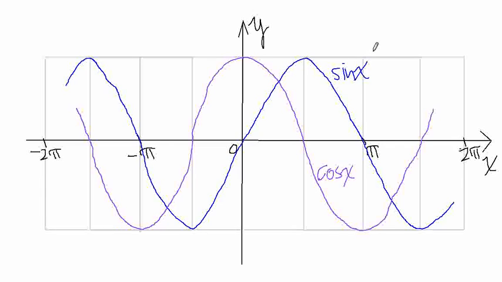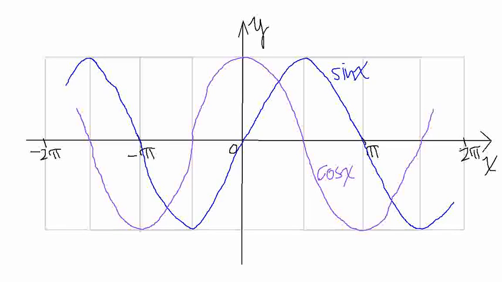All right, so the blue curve is a sketch of the graph of the sine function. The purple curve is a sketch of the graph of the cosine function. Now, you can learn a lot of things from these graphs.